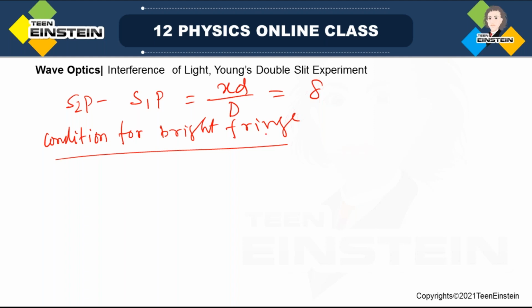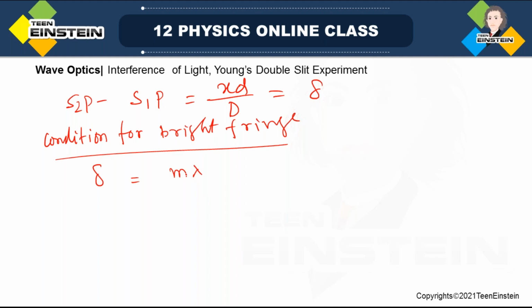Bright fringe to occur. What is that condition? Look, delta has to be m into lambda. Okay? So this is actually the condition.